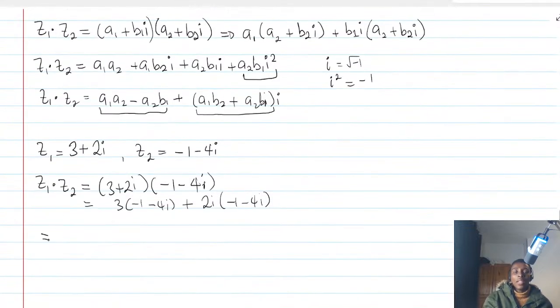From here, I can say that Z1 multiplied by Z2 is minus 3 minus 12i, because you multiply 3 by minus 1 and then 3 by minus 4.